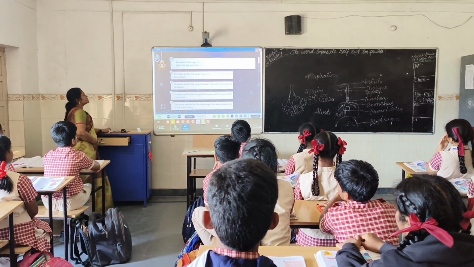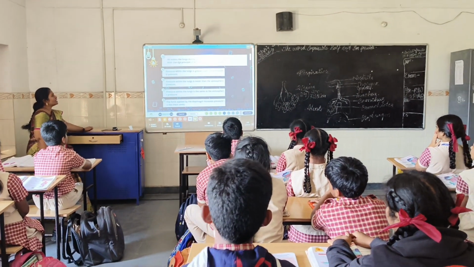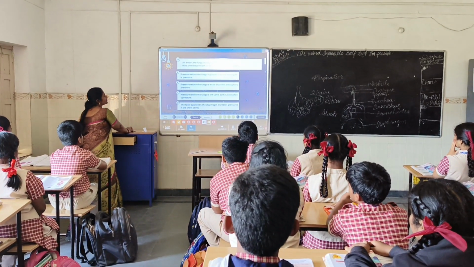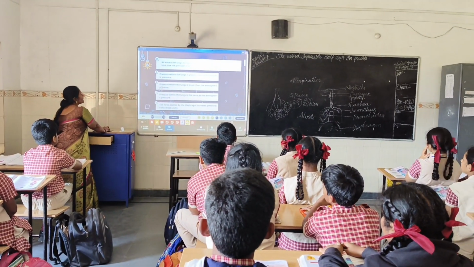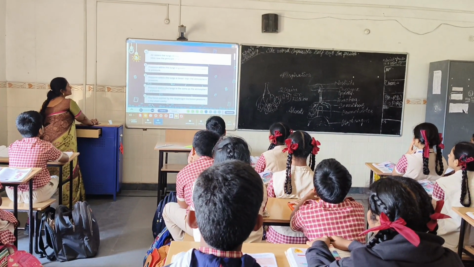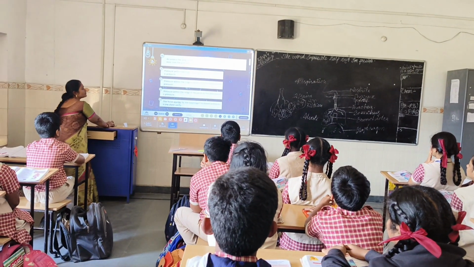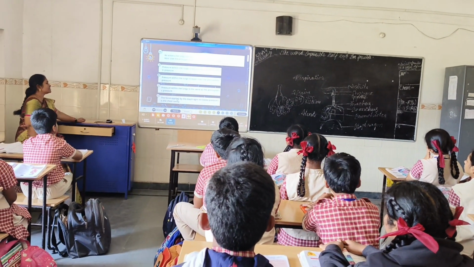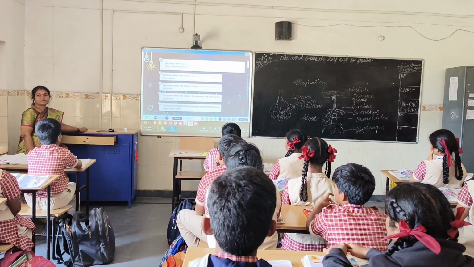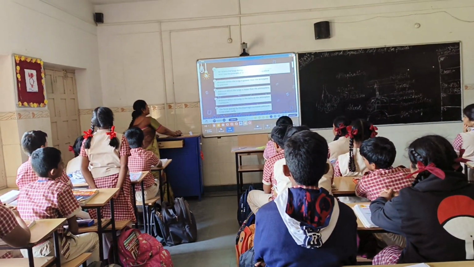Air enters the lungs during inhalation because, hint, use the principle of airflow and pressure gradient. Option A: pressure within the lungs is greater than the atmospheric pressure. Option B: pressure within the lungs is lesser than the atmospheric pressure. Option C: pressure within the lungs is the same as the atmospheric pressure. Option D: the force applied by the diaphragm increases pressure in the chest cavity. Which one? Chaitra. Option D. Why?